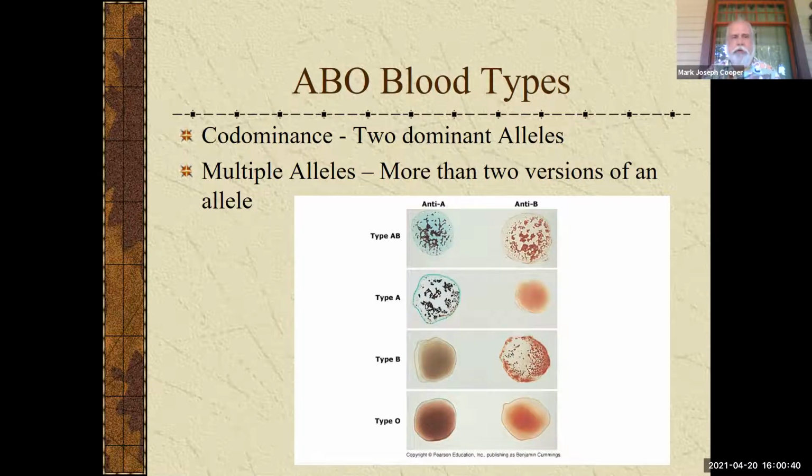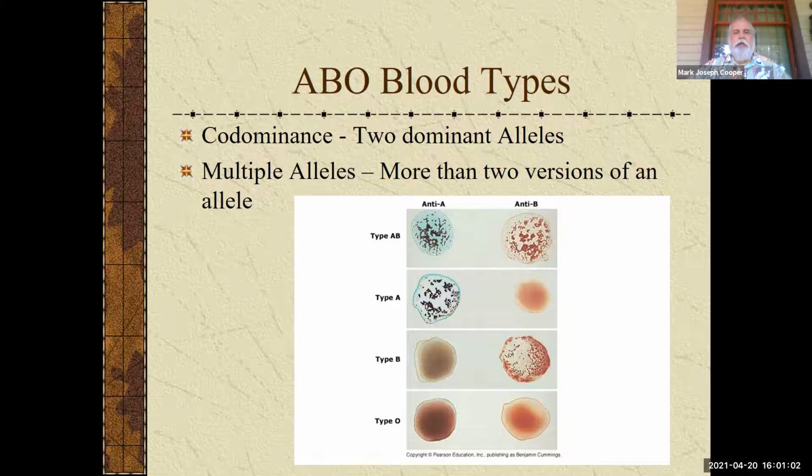And so the codominance is what we mentioned above, type A and type B. O is actually the recessive trait. And then multiple alleles, a new idea for you, where multiple alleles means there's more than two choices. So in all the ones we've done before, it was large P, small p, something like that.